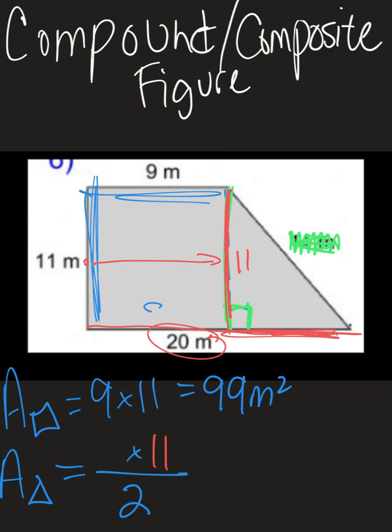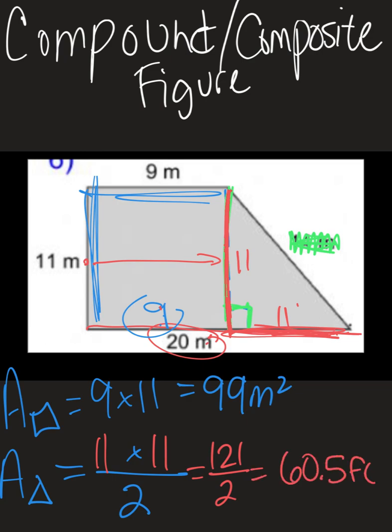So I'm going to look here. My rectangle is 9 in this bottom section. So 9 plus what equals 20? Well, that would give me 11 as well. 9 plus 11 gives me 20. So the part of my triangle that's over here would also be 11. It's 121 over 2, which gives me 60.5 feet squared. Sorry, meters squared. I apologize.